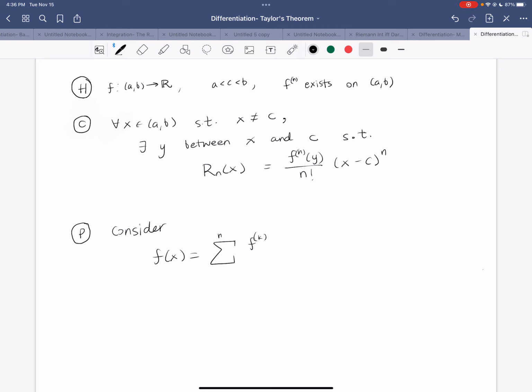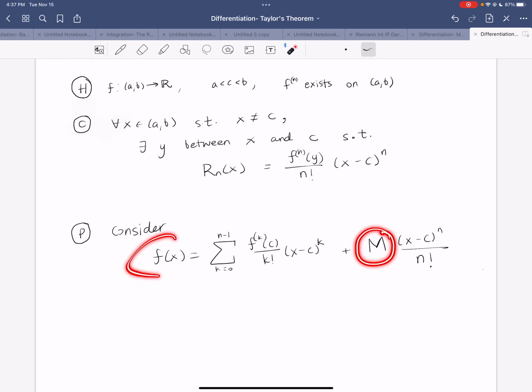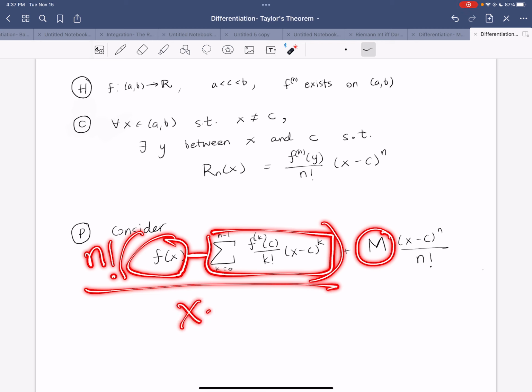So this is going to be our n minus first partial sum plus m, we don't know what m is, times x minus c to the n over n factorial, right? m, of course, is going to be f minus this, times n factorial and divided by x minus c to the n, right? That's what m is going to be equal to, okay?